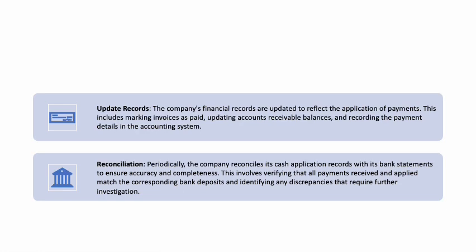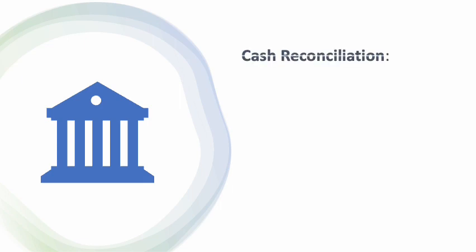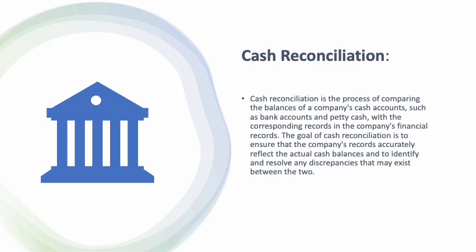Periodically, the company reconciles its cash application records with its bank statements to ensure accuracy and completeness. This involves verifying that all payments received and applied match the corresponding bank deposits and identifying any discrepancies that require further investigation.